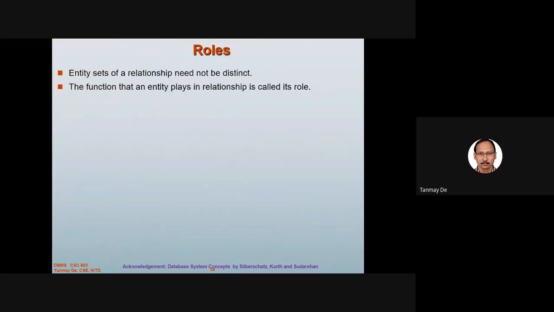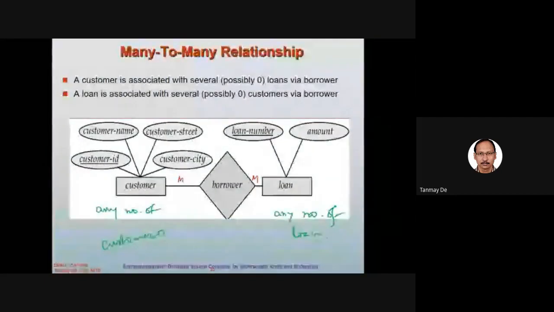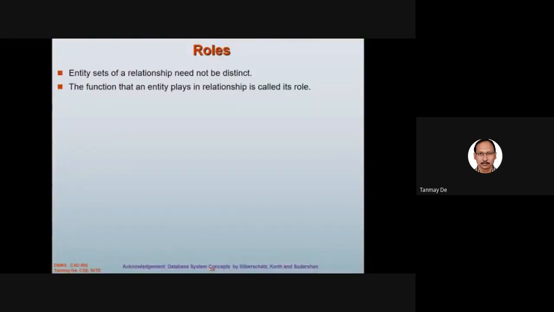Okay, next, the role. That is the function or task that an entity plays in a relationship, and it is called the role.